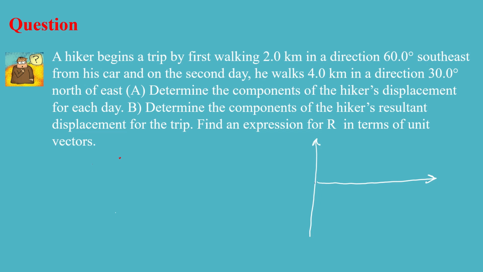So I have a hiker who starts from this point, and the angle is 60, and then the direction is northeast, something like that, and the angle is 30.